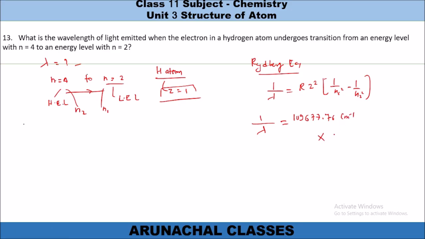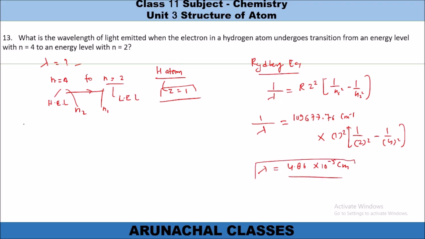Then the Z value is 1, and in the bracket, 1 upon n₁², where n₁ is 2, minus 1 upon 4², for the lower and higher energy levels. If I calculate this, I will get the λ value as 4.86 × 10^-5 centimeter.